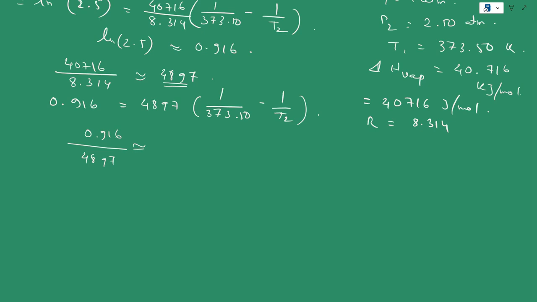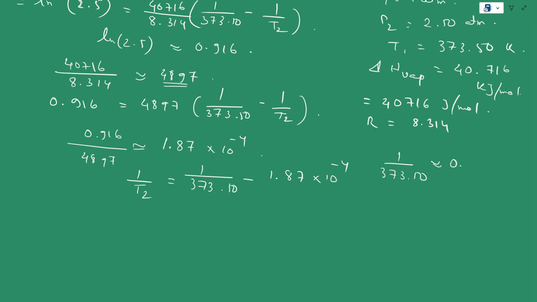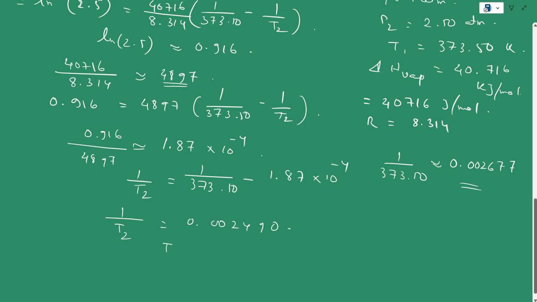Calculate. This is basically 1.87 into 10 to the power minus 4. Okay. So 1 by T2 is equal to 1 by 373.50 minus 1.87 into 10 to the power minus 4. And 1 by 373.50 is near about 0.002677. Okay. Thus, we can say 1 by T2 is 0.002490. Okay. And T2 is near about 401.6.